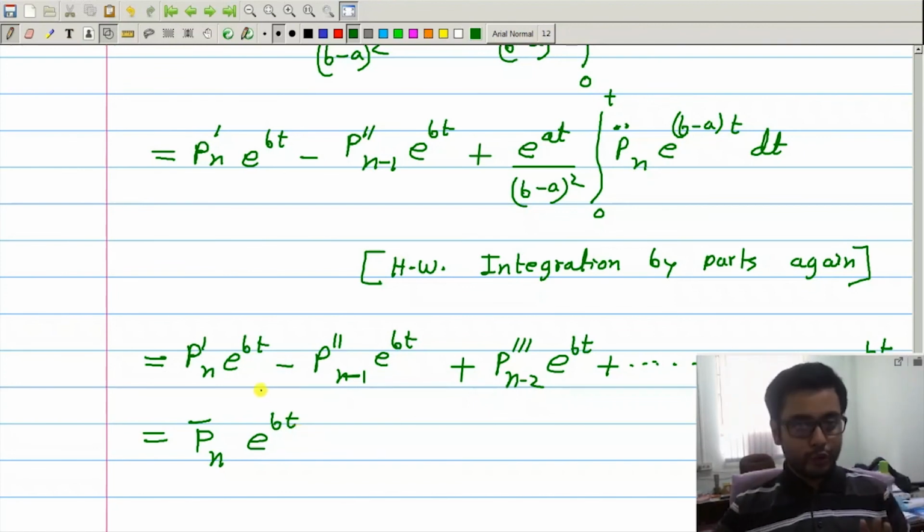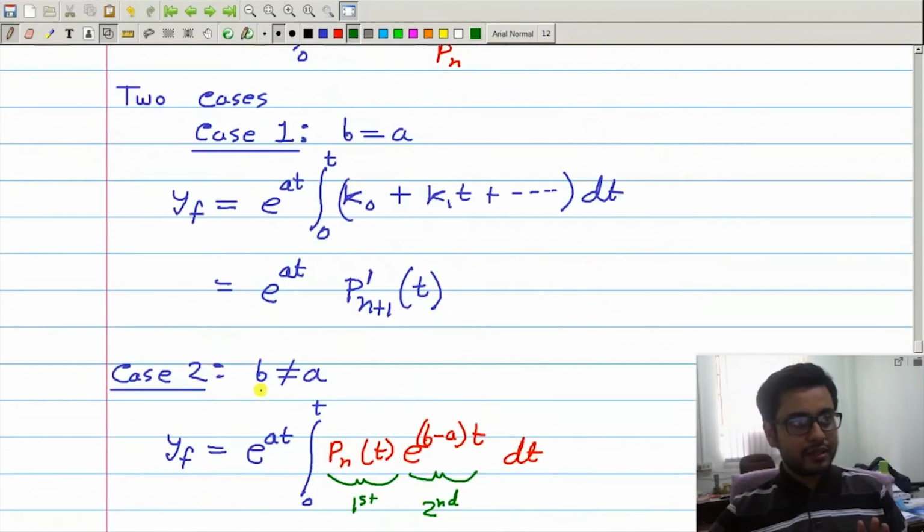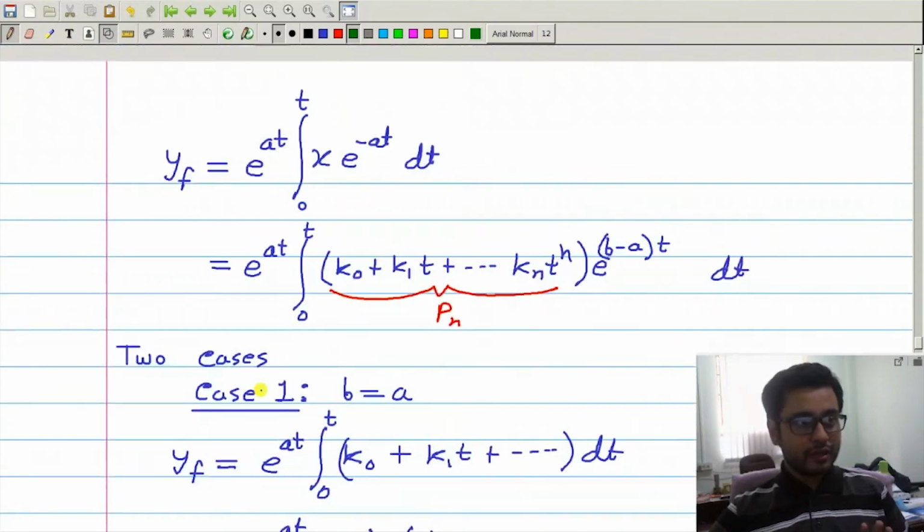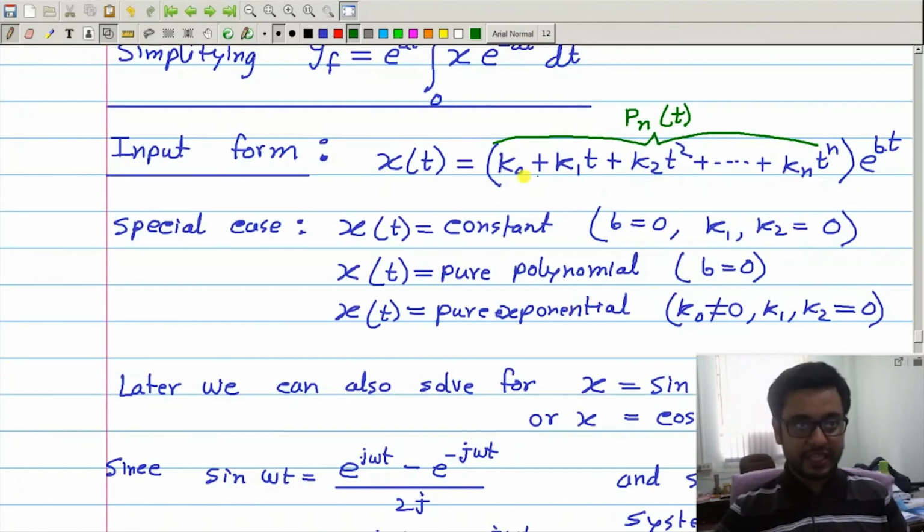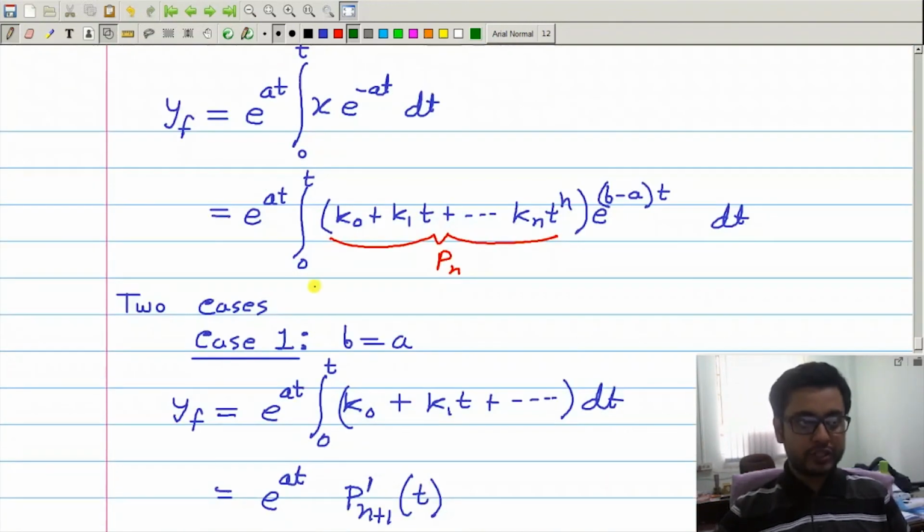So we started from this expression of the forced response here, and we have chosen x to be of this form, a polynomial multiplied by e to the power bt, and when we put that value here, we get two possible cases.